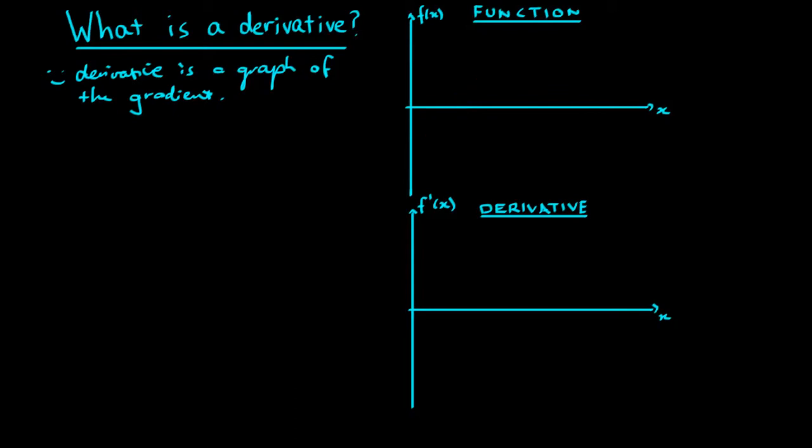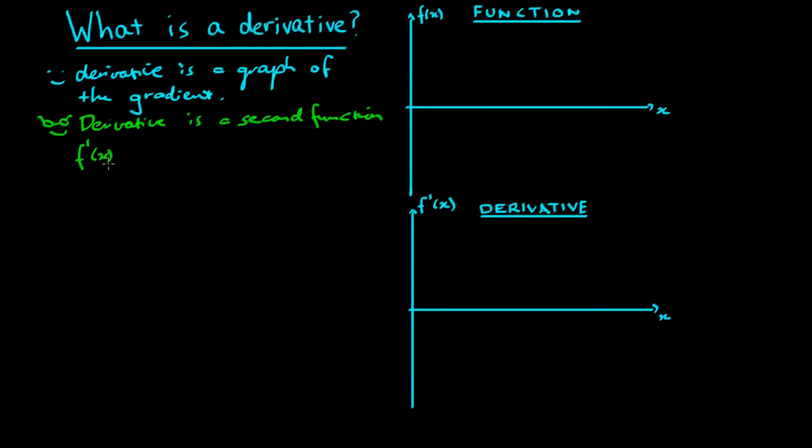But there's a more complicated explanation or definition for the derivative, and that's that the derivative is a second function. And the notation is f dash x. I'll make that dash a little clearer.